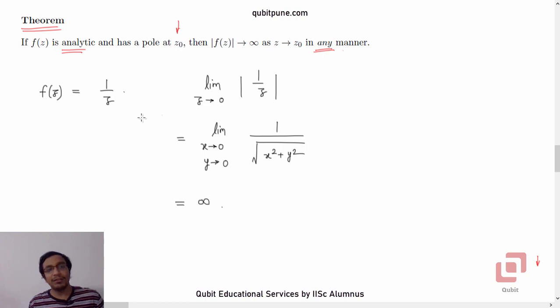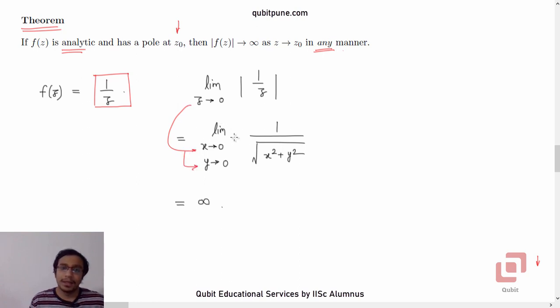For this, let us consider the function 1 upon z. The only point where this is not analytic is z equal to 0. What is the modulus? The modulus of 1 upon z will be 1 upon the root of x squared plus y squared, and if z tends to 0, both x and y tend to 0.